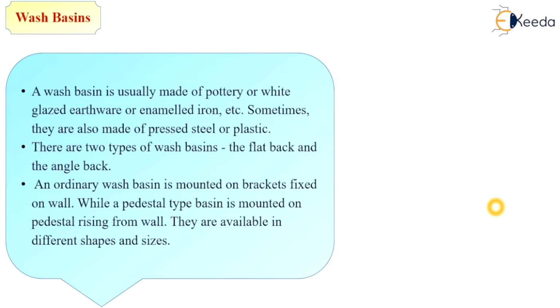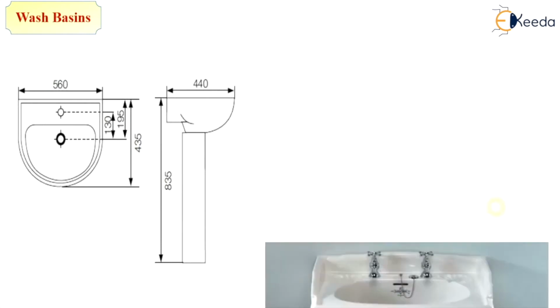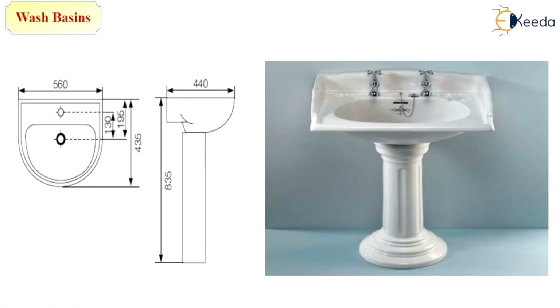They are available in different shapes and sizes. As you can see in this diagram, this is the wall mounted, bracket type wash basin. The back of the bracket is attached to the wall.